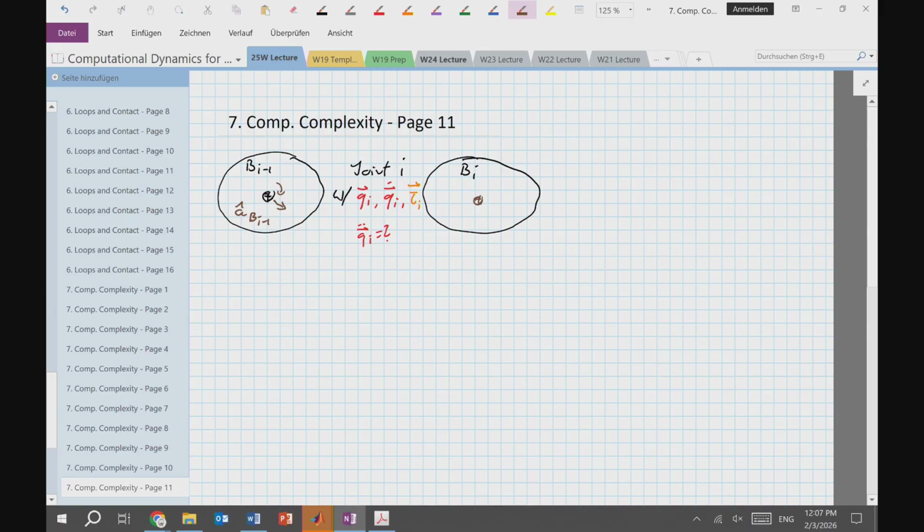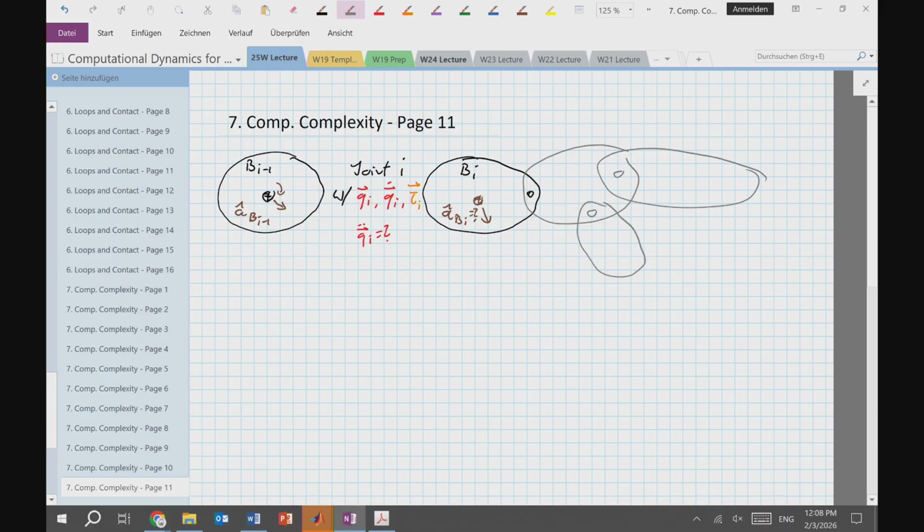This body BI has an unknown acceleration, which I will call ABI. And that one is unknown. That gets a question mark. I don't know how that is moving because obviously that depends on Q double dot I, and I don't know that yet. And that body is actually not a leaf, but it is connected to more stuff.